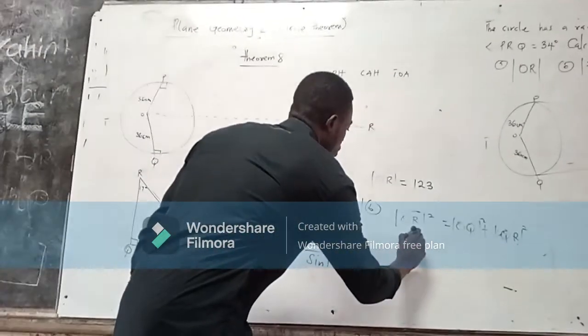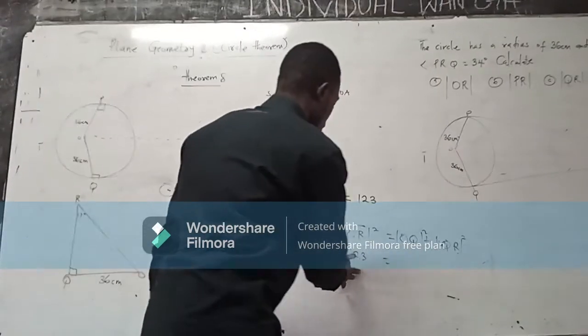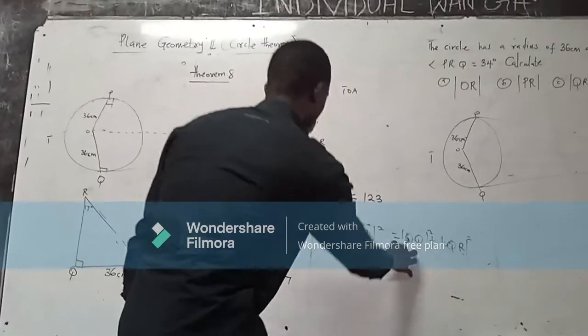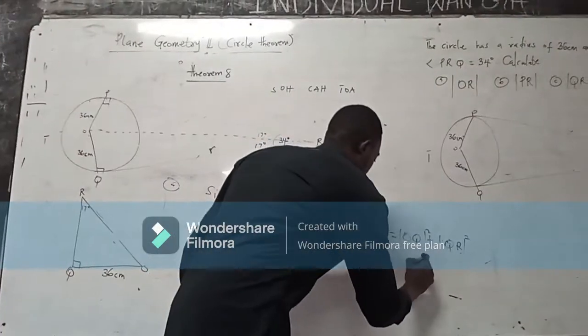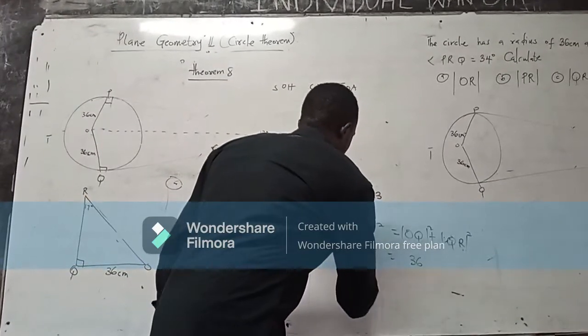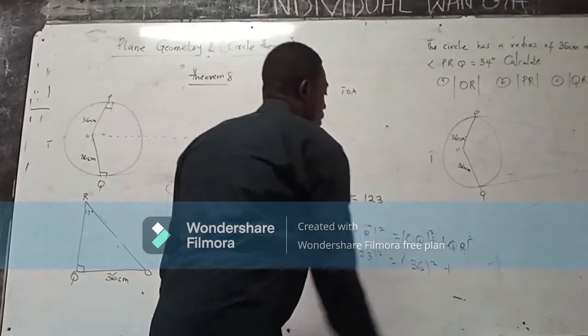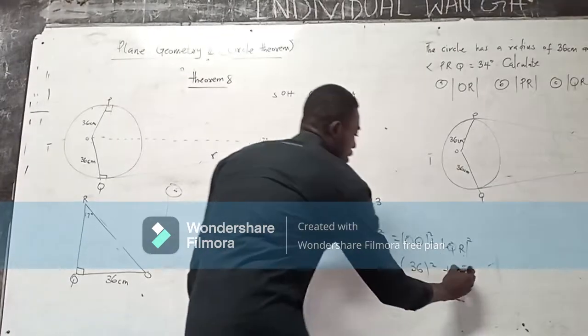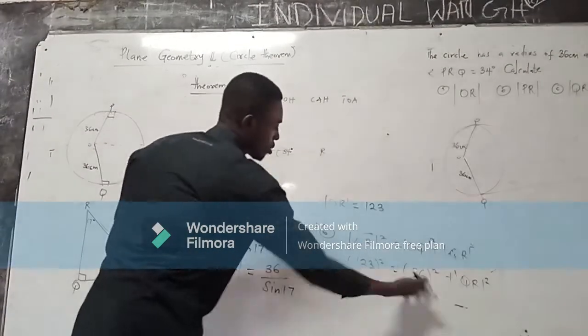We know this one to be 1, 2, 3. We have OQ to be, so mean that this one squared, plus this one that we don't know, that we are finding, means that we have to do like terms and send this one to this side.